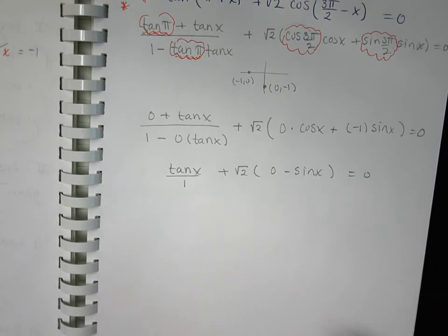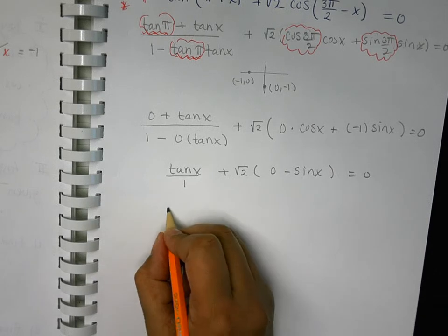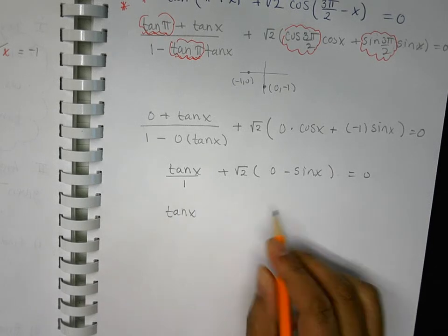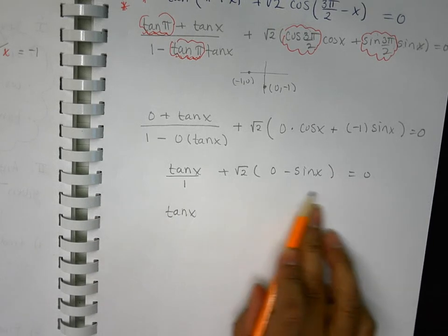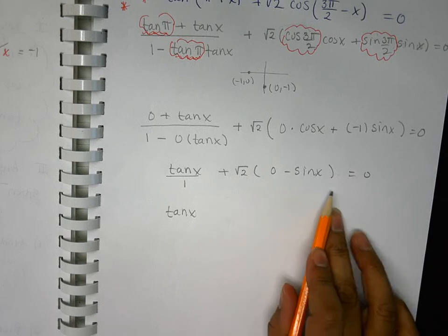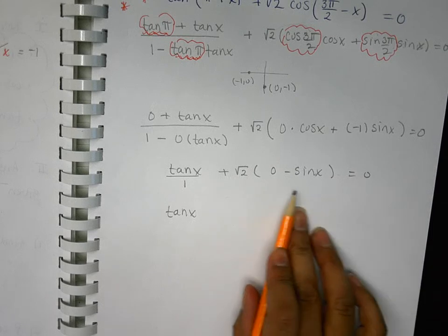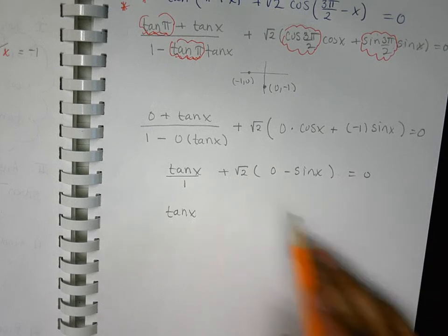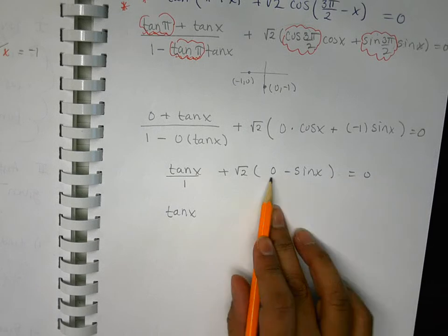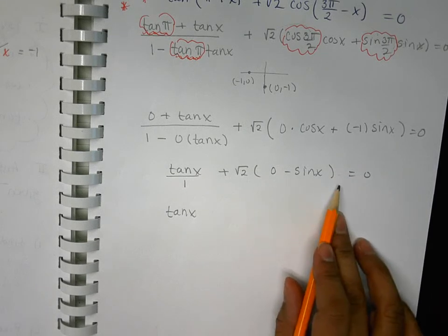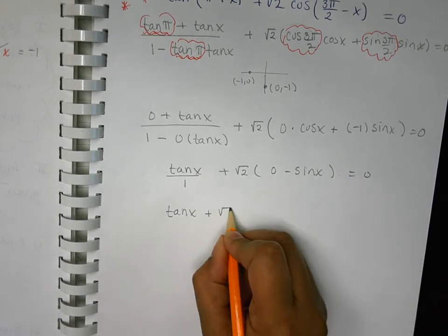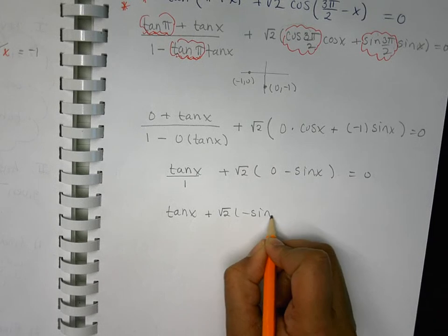All right, let's clean up further. Tan of x, what does this become here? Any thoughts on how to write this? Is this inside here just going to be sine x or negative sine x? So root 2 times negative sine x. Do you agree?